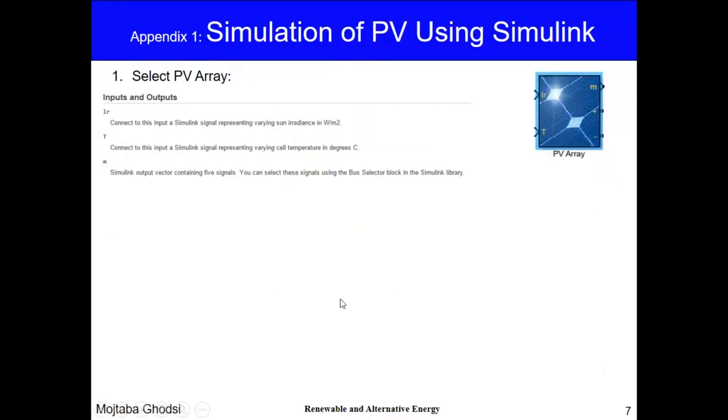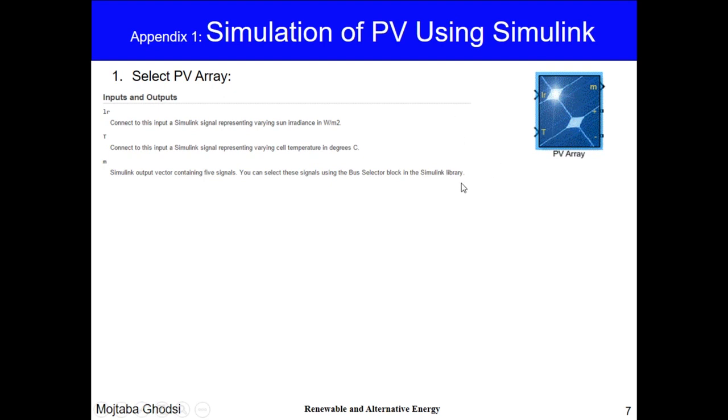Now, if you would like to do a simulation for any PV array using Simulink, it's required to mention that normally the PV array itself is one of the predefined modules that you can find in Simulink. But the fact is that if I use this PV array which is available in Simulink, I cannot explain to you how the behavior of the PV panels depends on the different variables.